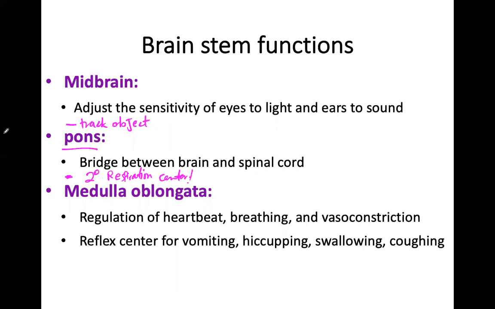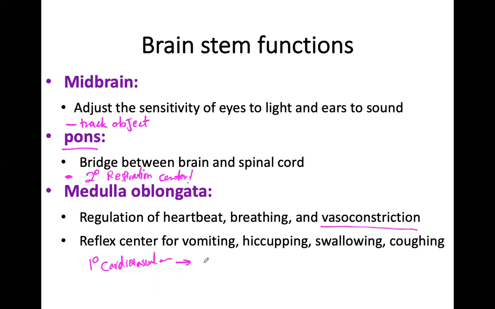The medulla oblongata is another important structure. The medulla oblongata regulates your heartbeat, breathing, and vasoconstriction, or changing the diameter of your blood vessels. So in another sense, we identify the medulla oblongata as your primary cardiovascular center.